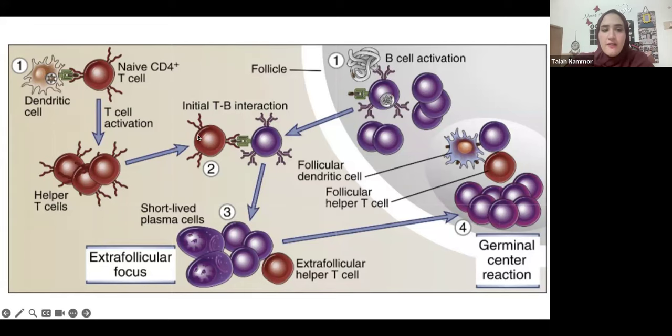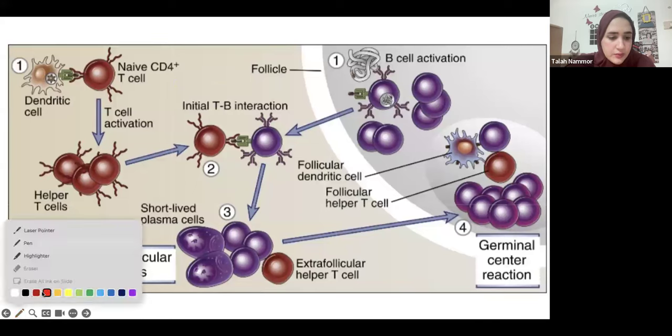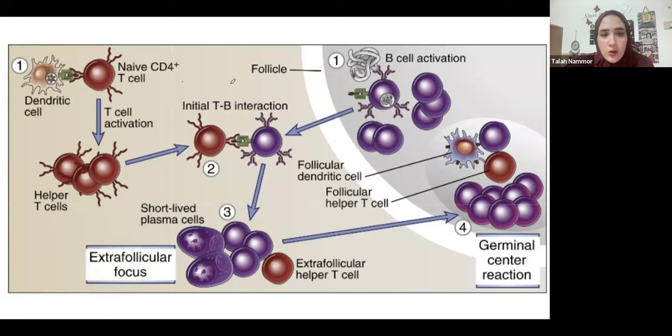You have to imagine with me that we have chemokines all over the place in here, all right? These chemokines are calling upon the T helper cell and the B cell. So they're going to follow the chemical signal and they're going to meet in here, all right?